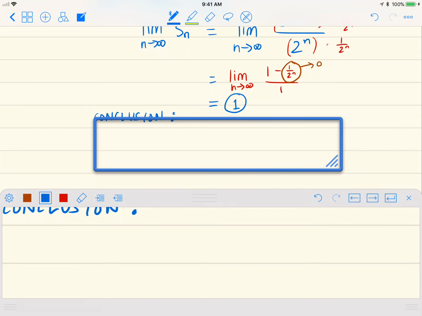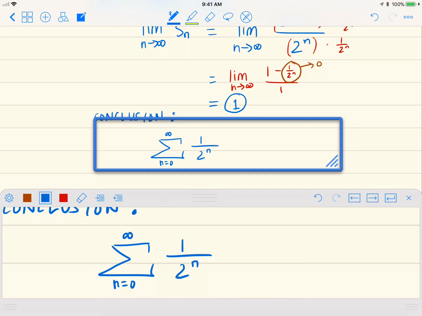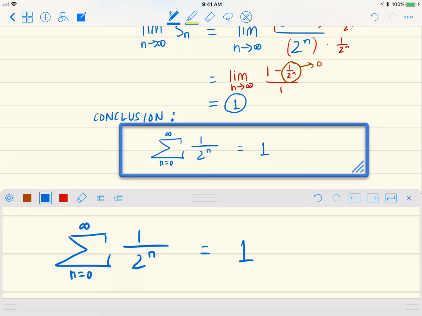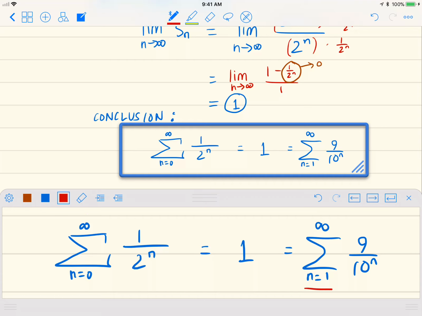So in conclusion, the sum of 1 over 2 to the n, from 0 to infinity, is the same as the sum of 9 over 10 to the n from 1 to infinity. So where you start, whether you're starting at 1 or 0, impacts what the sum is.